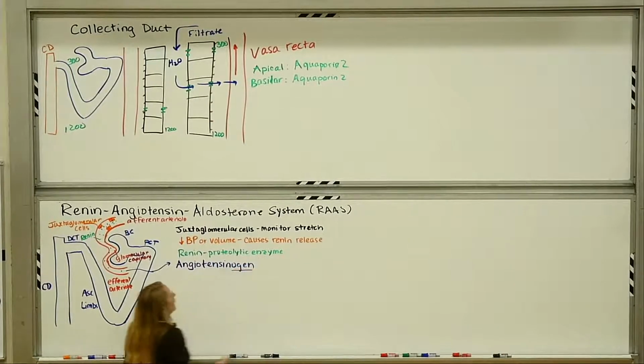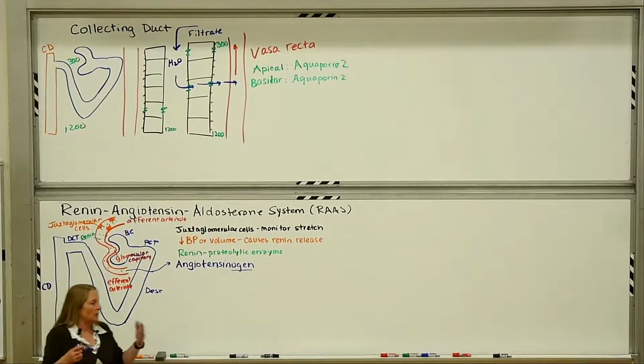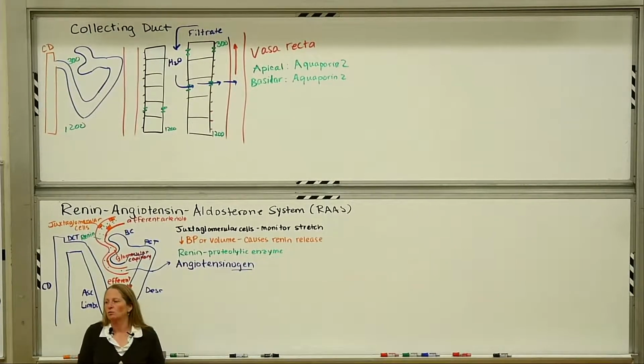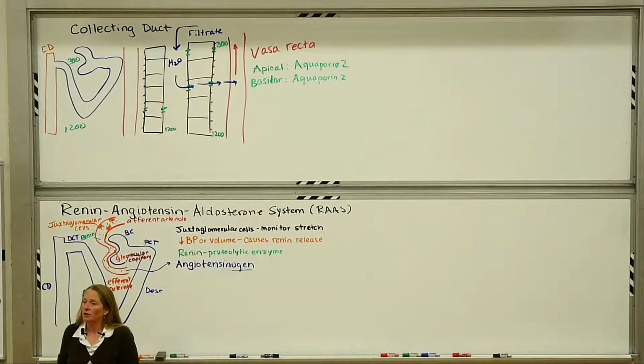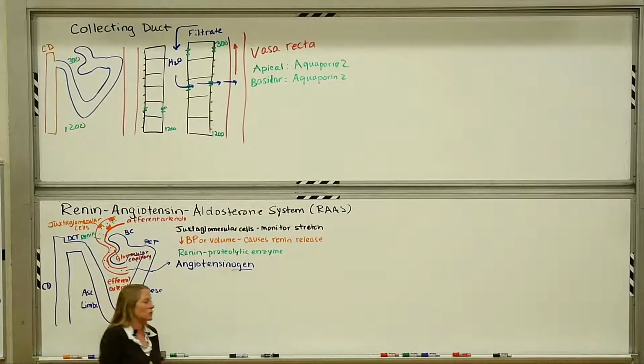That -ogen on the end is telling you that this is inactive. It's an inactive form. We'll talk about these in digestion too. A lot of times you have proteins that have an effect, breaking things down. You don't want them just willy-nilly going around doing that. You want to control it. So you set them out as an inactive form and only activate it under certain conditions.